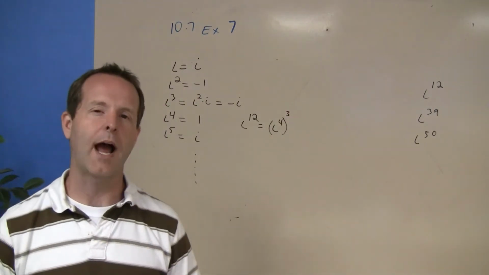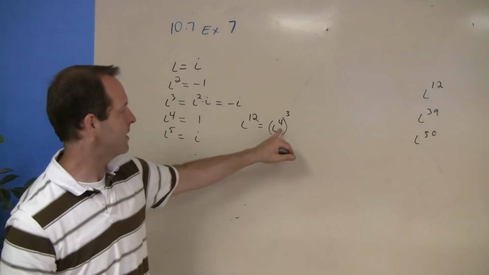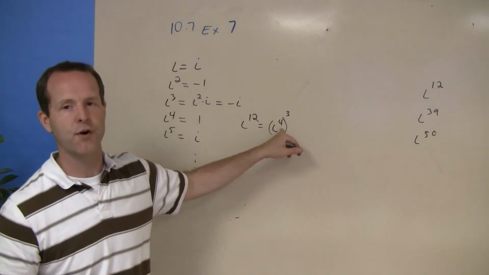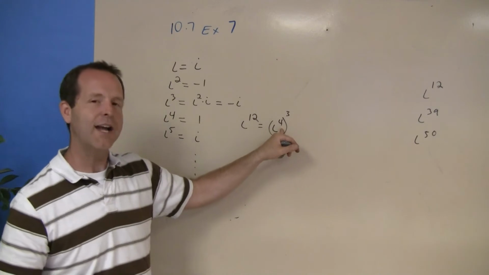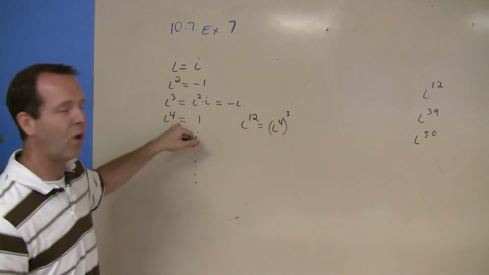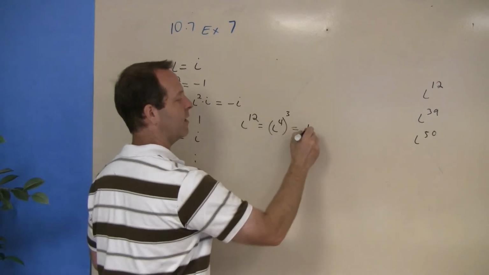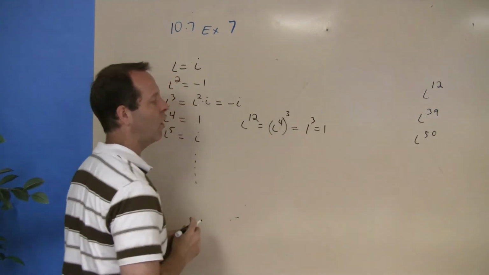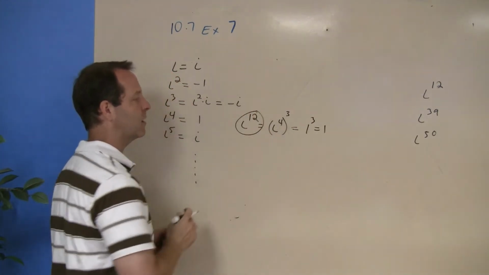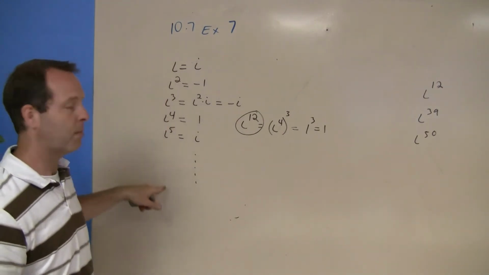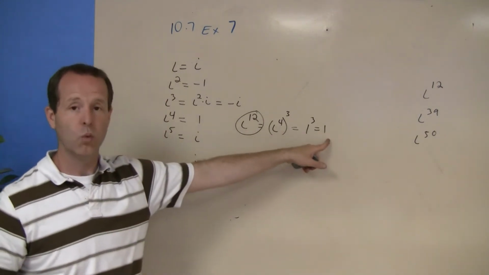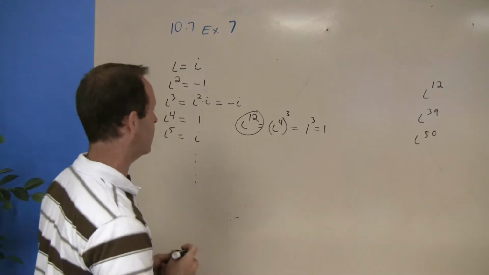Now, why do you think I chose i to the 4th rather than i to the 3rd or i squared? Well, because i to the 4th is a 1, and I like 1s. So this equals 1 to the 3rd, or just 1. So I know that i to the 12th would equal 1.